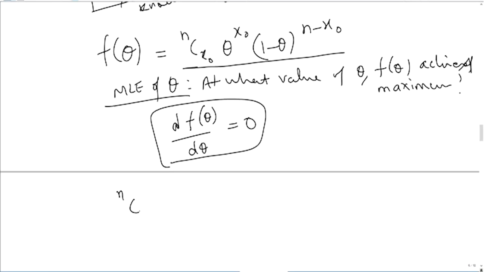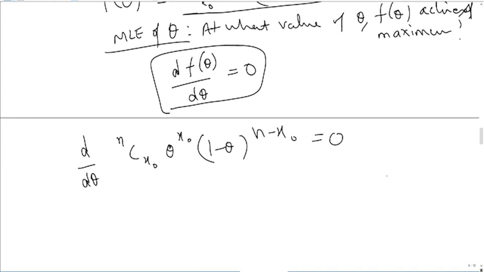So the function is n choose x naught, theta to the power x naught, 1 minus theta to the power n minus x naught. We are differentiating it with respect to theta, and this should be equal to 0. The n choose x naught can be taken out because it does not have any theta component.